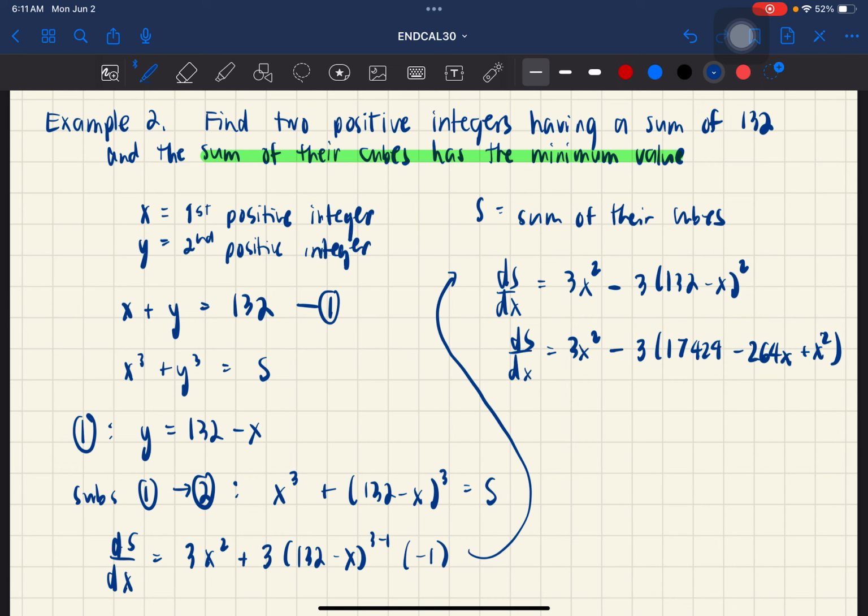Okay, and then we can factor out 3, and you have x squared minus, let's distribute the negative sign, x squared, and then plus 264x minus 17,424.